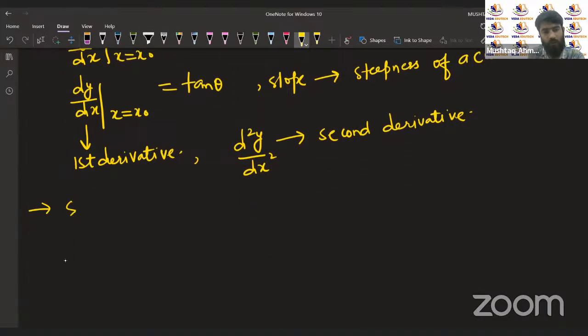Suppose that dy upon dx, the derivative on a curve at a particular point, comes out to be 0.